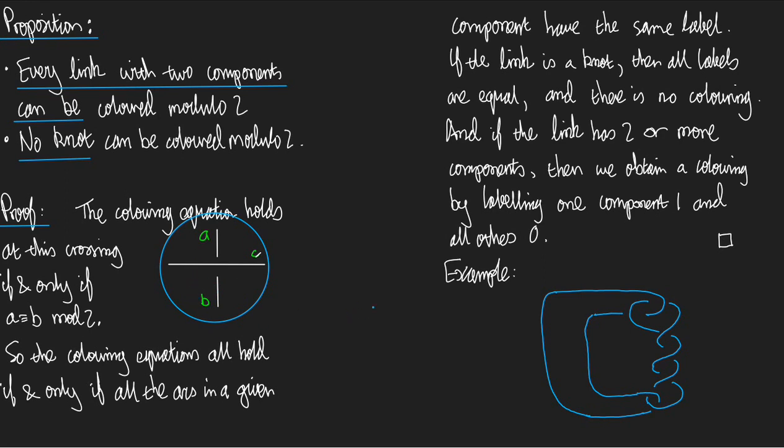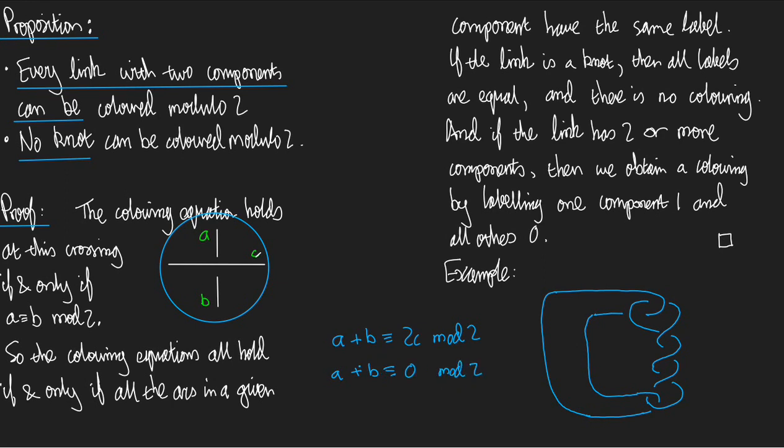Why is that? Well, let me show you just down here. What does the coloring equation say? It says that A plus B should be congruent to 2C mod 2. Well, modulo 2, 2C is just 0. So A plus B is congruent to 0 mod 2.